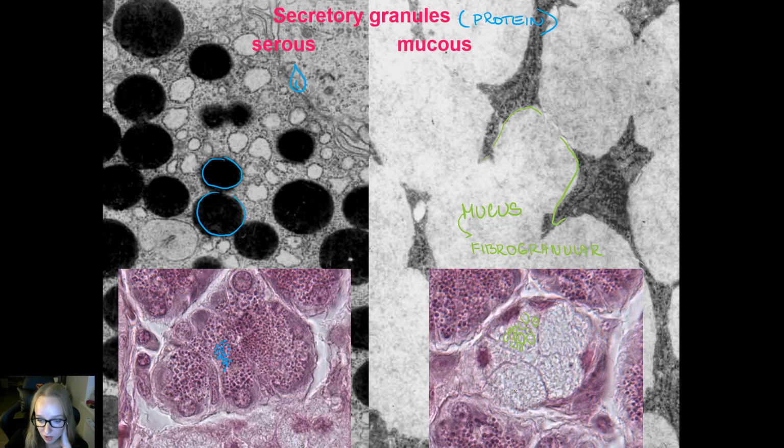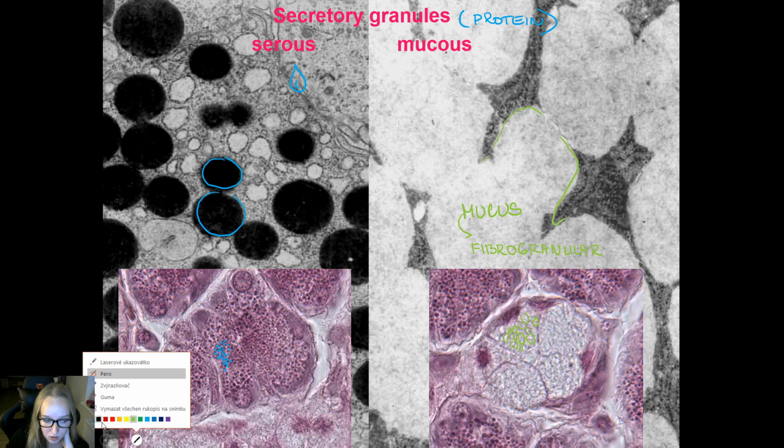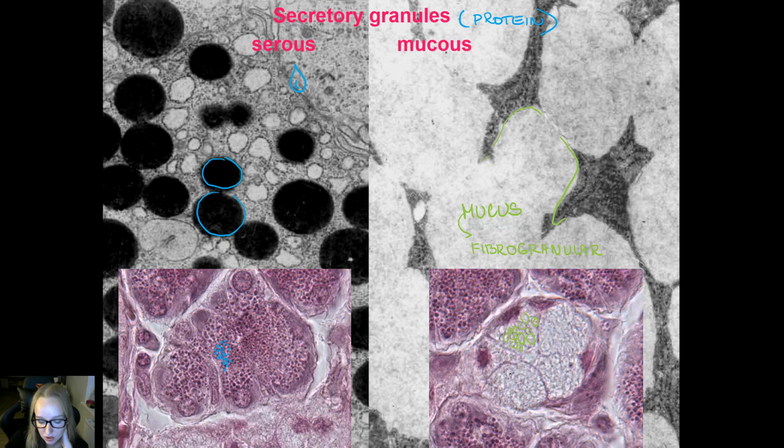And in light microscopy, we describe this structure as a honeycomb, or honeycomb-like appearance. It looks like honeycomb. This mucus, on the other hand, is made of glycosylated proteins, not like serous. And all these granules are surrounded by membrane.